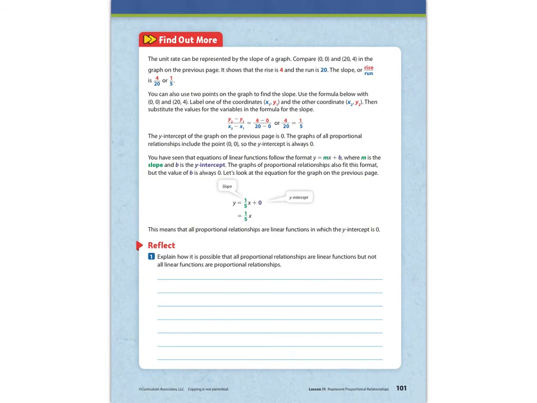Now let's find out a little bit more. It says, the unit rate can be represented by the slope of a graph. Okay, so the unit rate is the slope.